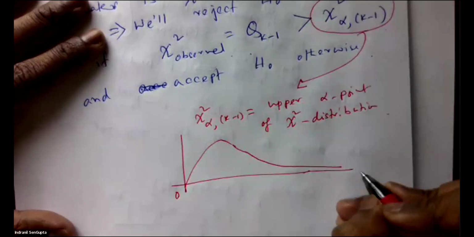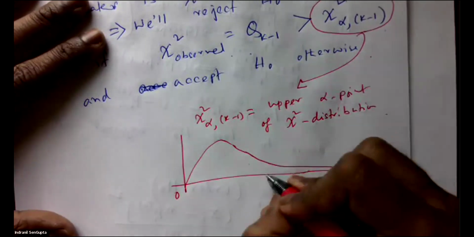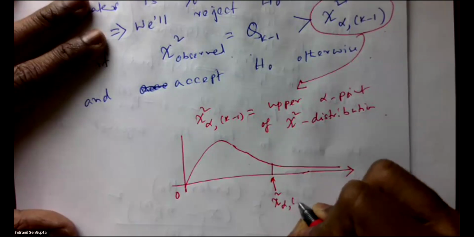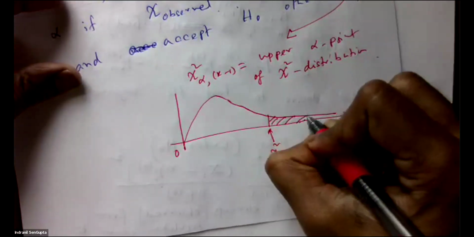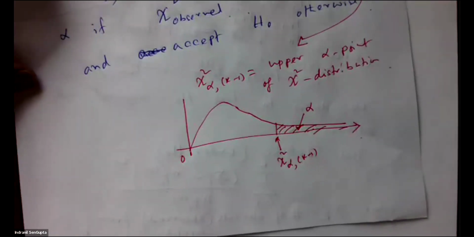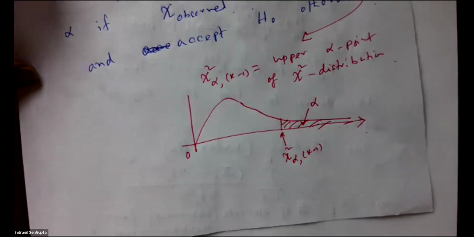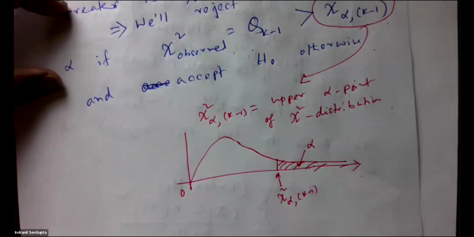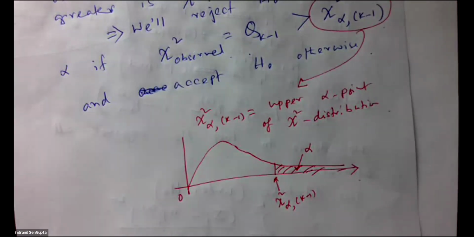This is 0. And this is the value of chi-squared alpha, k minus 1, provided this area here is alpha. So what we are saying here is as simple as that. If we observe a chi-square value somewhere here, we reject the null hypothesis. We say that the observed values are not in agreement with whatever proportions we are specifying. Okay.